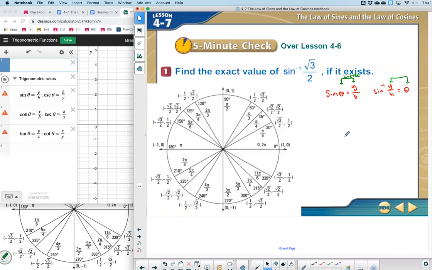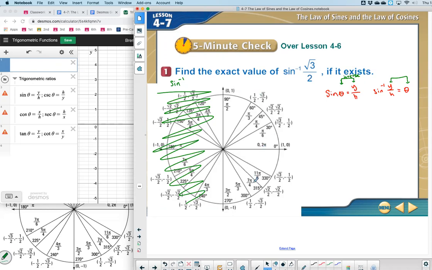We also learned last lesson that part of the domain is restricted. Because it's restricted, we won't have to look at the full unit circle. Sine's inverse restricts the range that's produced to what we see on the right side of the unit circle. These are the only values that are going to be true values because of our restricted domain.